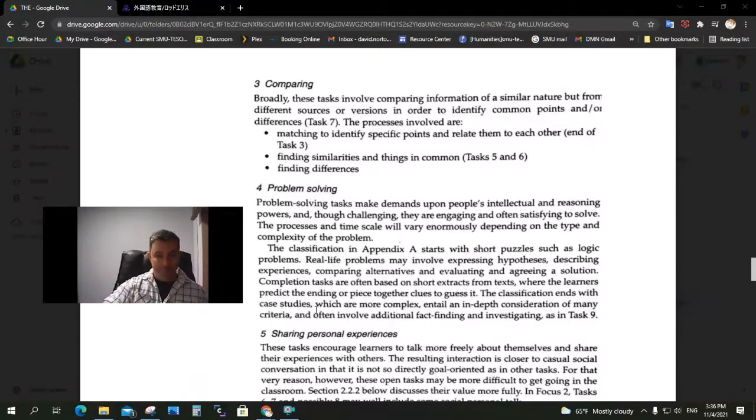Problem solving. We don't have a nice bullet point list here because problem solving tasks can be quite varied, right? They tend to, as it says here, make demands on people's intellectual and reasoning powers, and they could be challenging but engaging and satisfying to solve that problem.